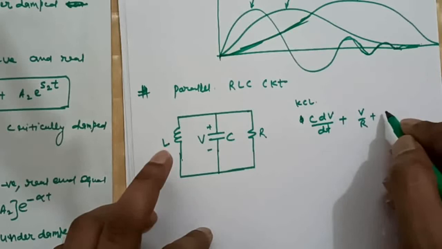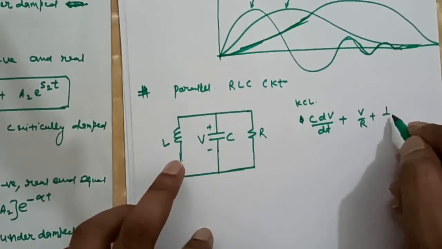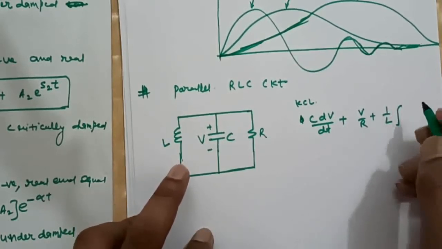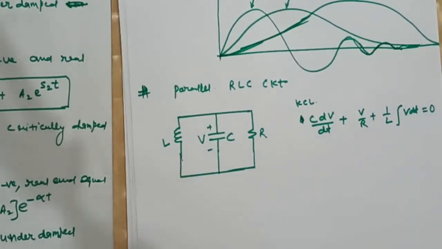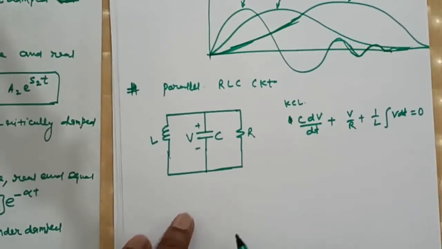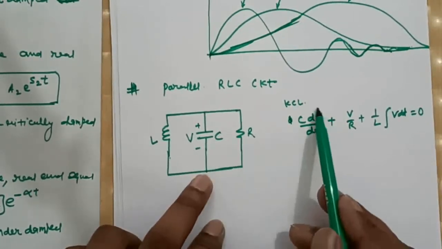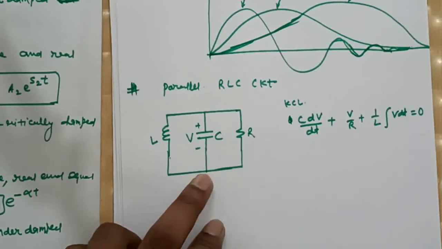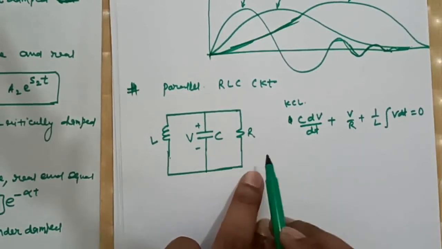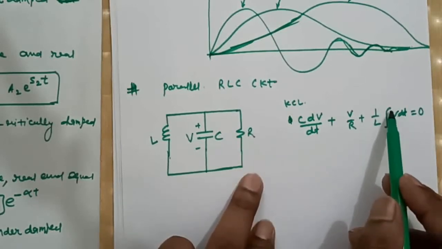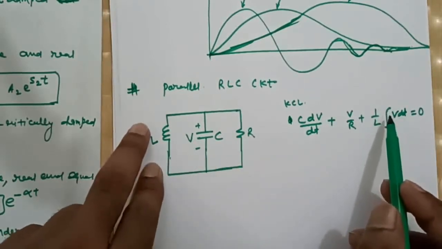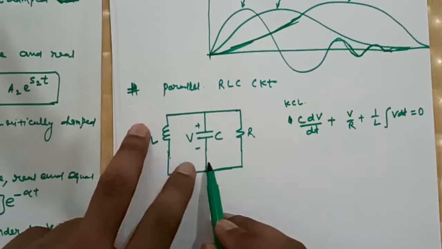I is what? 1 by L integration of V dt is equal to 0, isn't it? This is the current through capacitor, this is current through resistor, and this is the current through inductor, right?